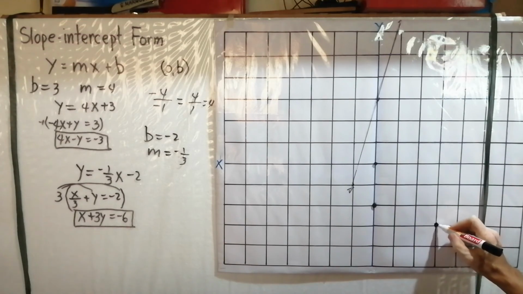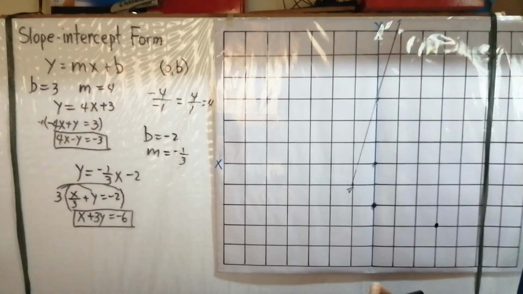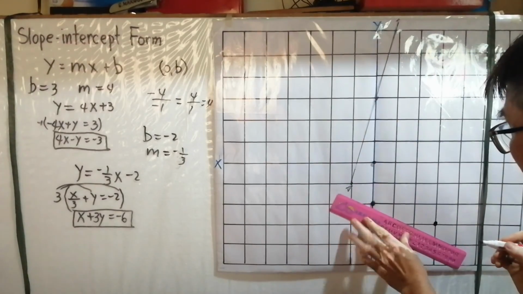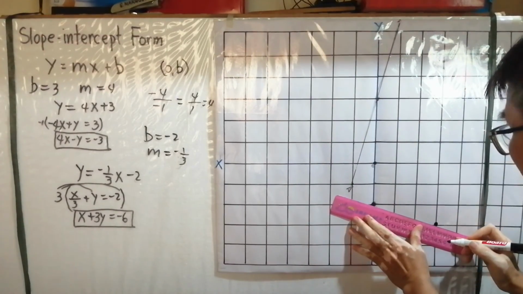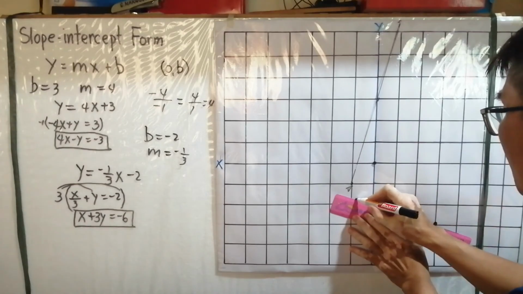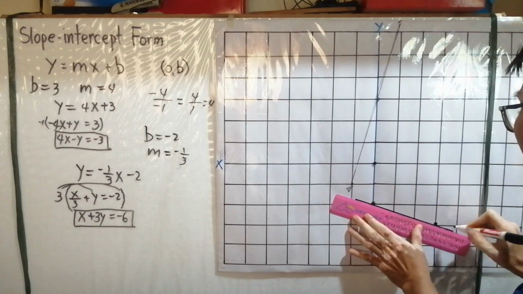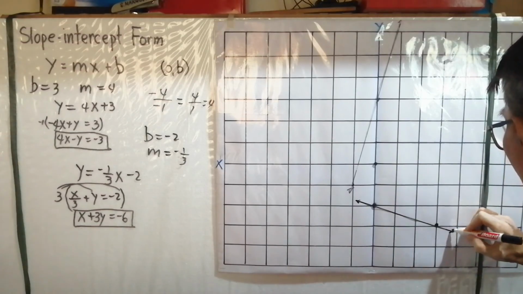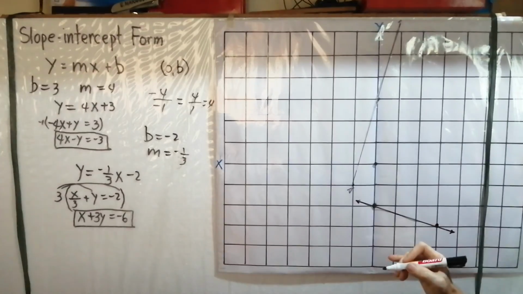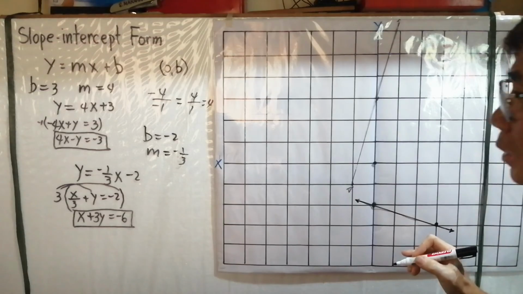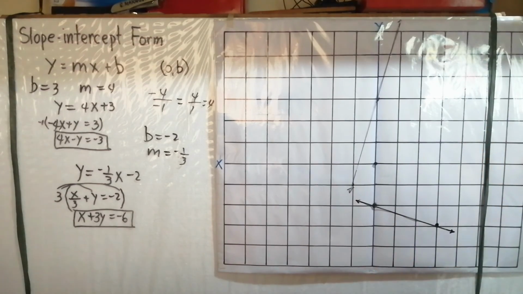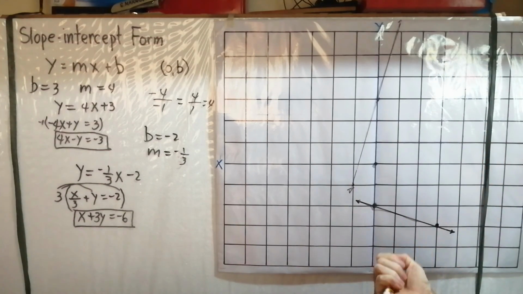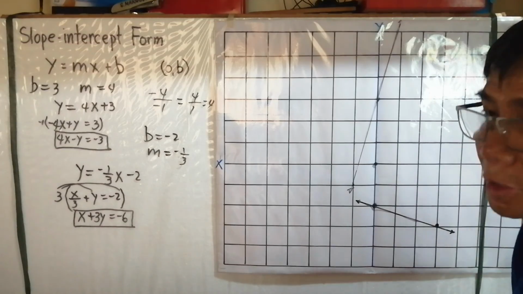So this is your second point. And what you are going to do is just connect the 2 points to make the line. So you may put an arrow. So this is the graph of the equation x plus 3y equals negative 6.